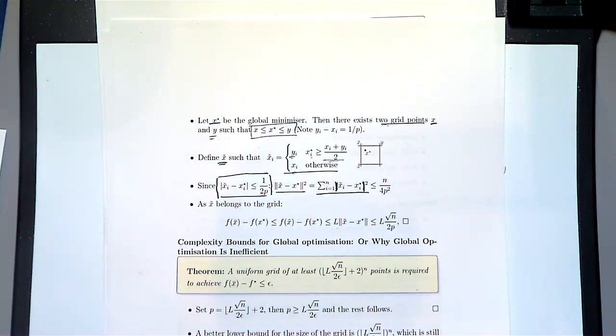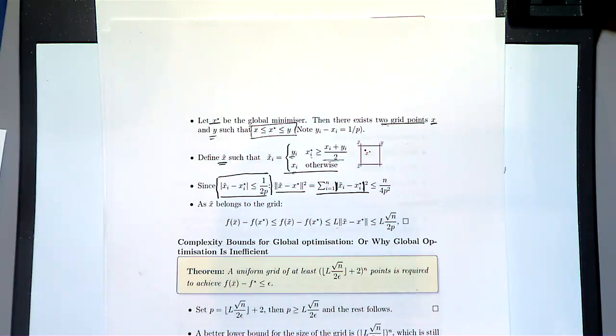Because x star is the smallest value of the function, any other value will be larger than the value of function at x star. This would be now, using the Lipschitz relationship, L times this difference. This difference here is just square root of this times L. Right?